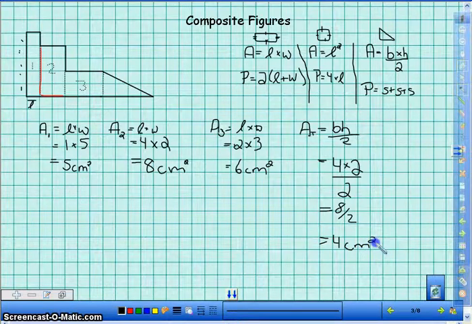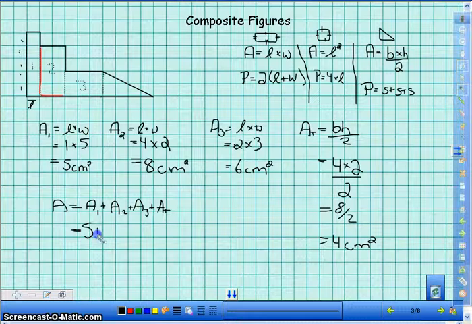Now the most important step to our composite figure is the area of our overall. We want the area of this whole figure, not the individuals. So we have to take our area of, and again, stating your formula first is your most important piece. Area of figure 1, area of figure 2, area of figure 3, plus the area of the triangle, plug in what these numbers are.